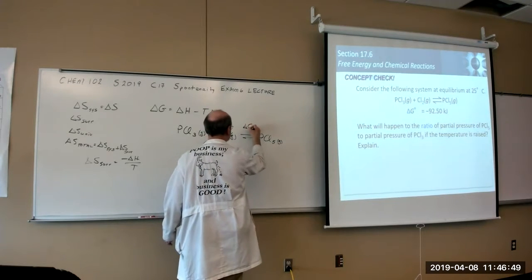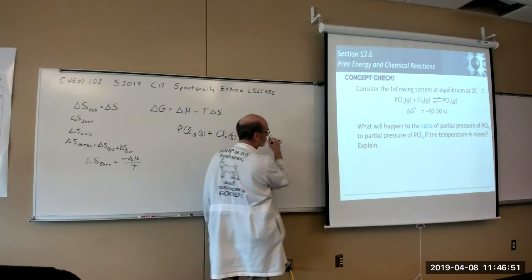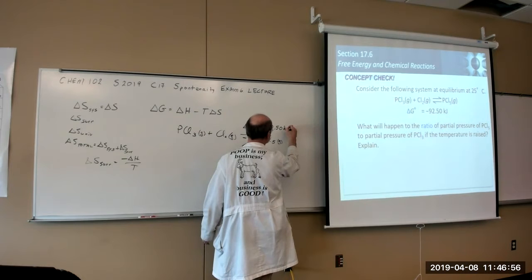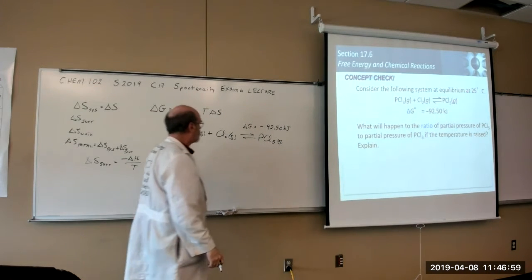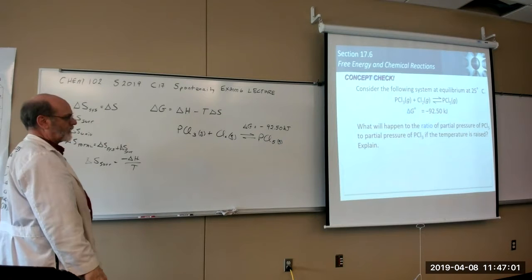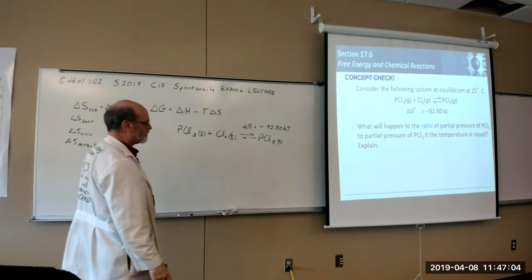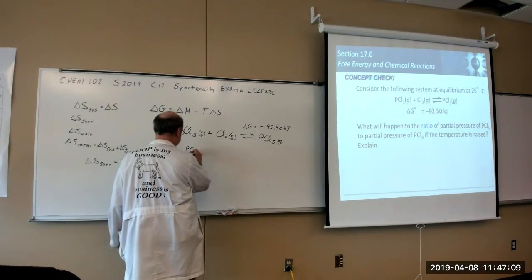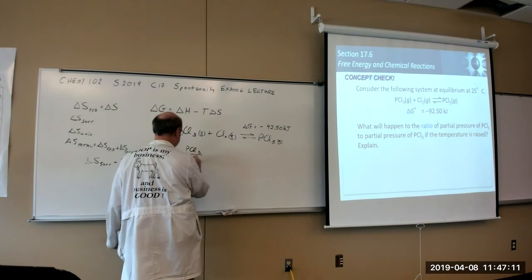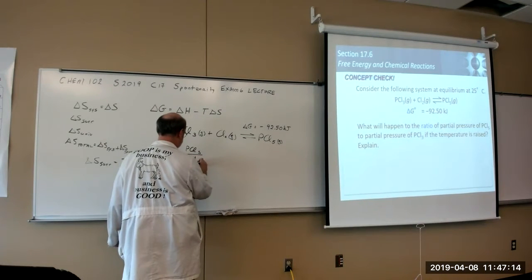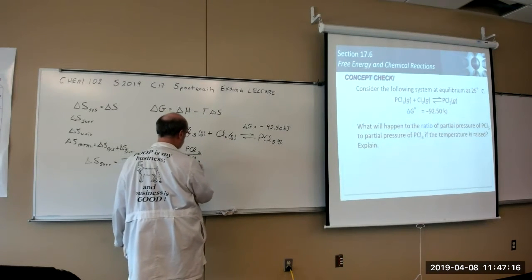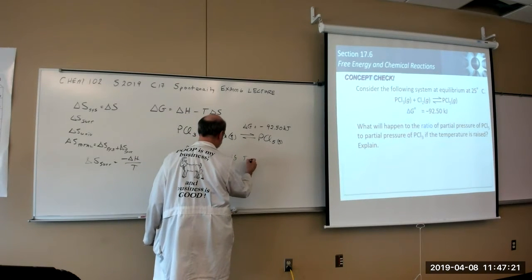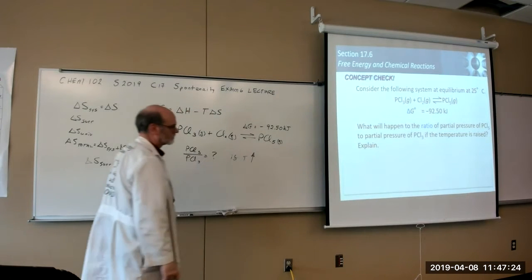And the delta G is equal to negative 92.5. So the ratio of PCl5 to PCl3, what happens to that if temperature is increased?